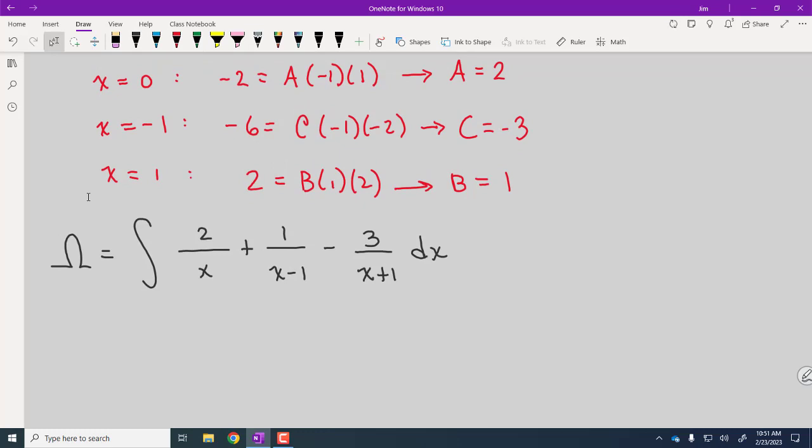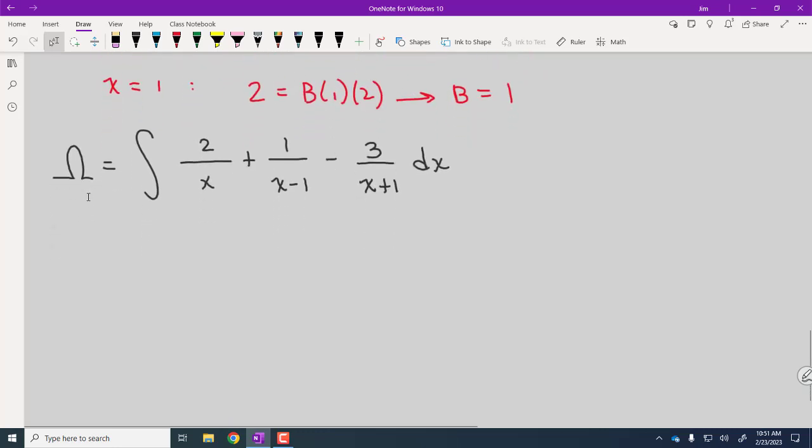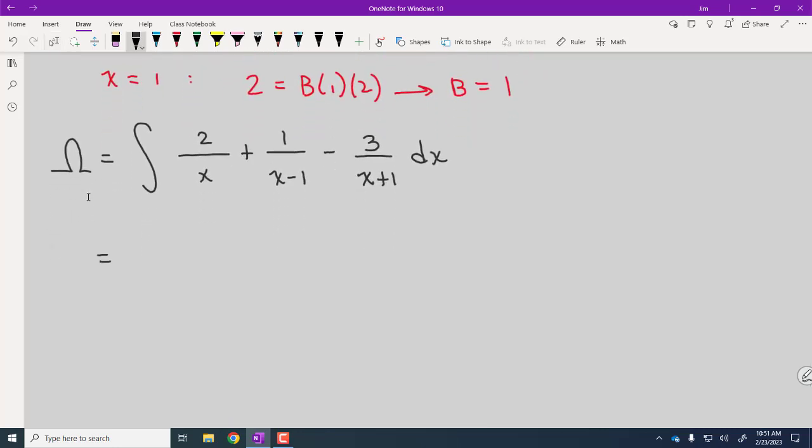So the original integral is broken apart into 3 partial fractions, each of which is immediately integrable using the log function. So we'll have 2 natural log absolute x plus natural log absolute x minus 1 plus, whoops, minus 3 natural log absolute x plus 1 plus c.